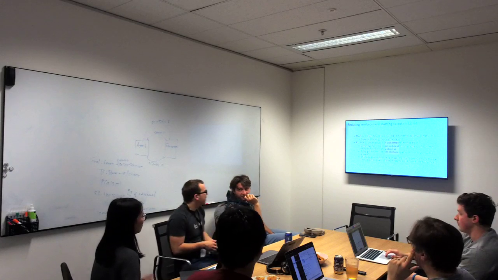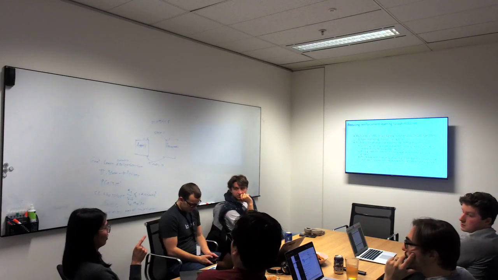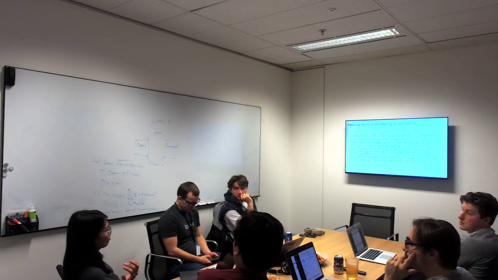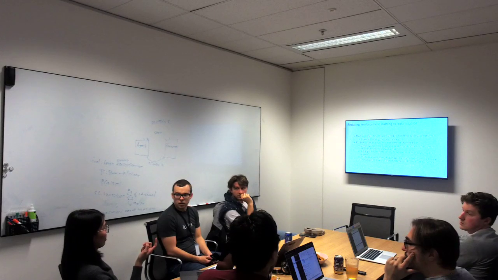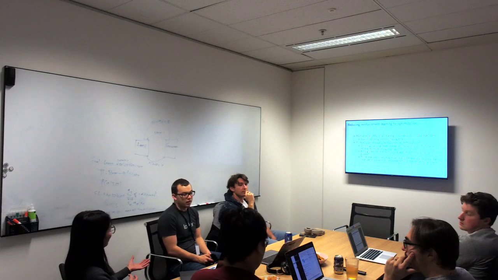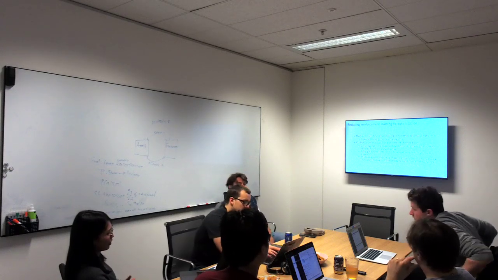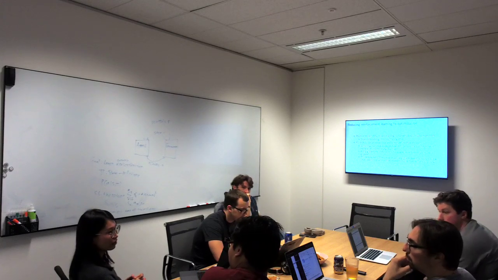All good? Yeah, I was just wondering, because you mentioned that the policy gradient method is gradient descent, but there's no optimization problem. Then how can we find out the best policy to execute? Or am I misunderstanding? Can you repeat the question?